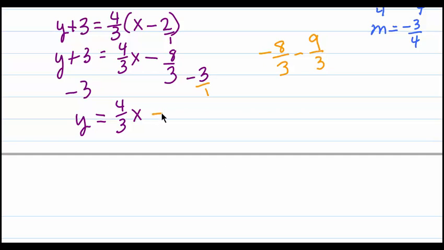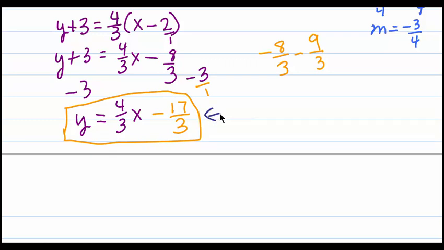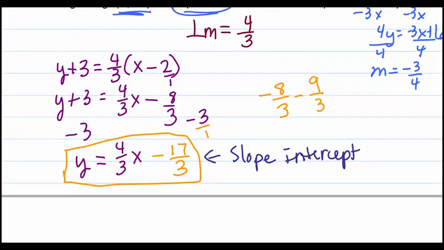Therefore, then I have minus 17/3. So again, this is the equation in slope-intercept form. If it were to just ask me to write it in point slope form, this right here is my point slope form.